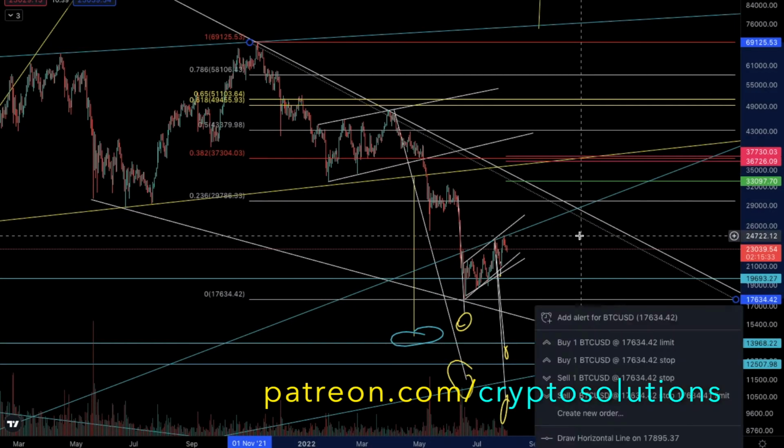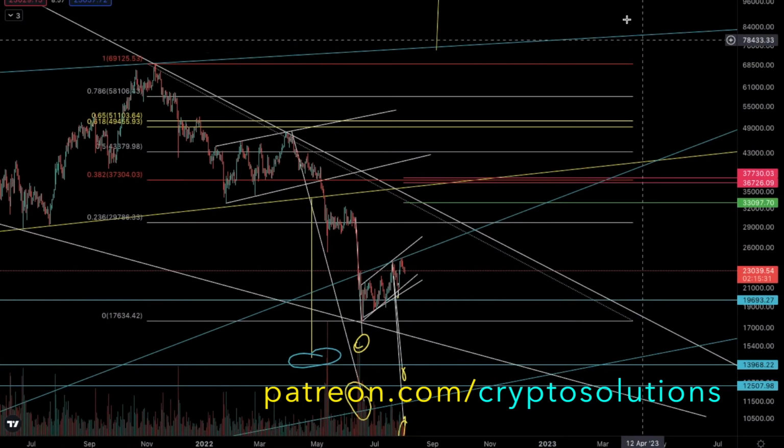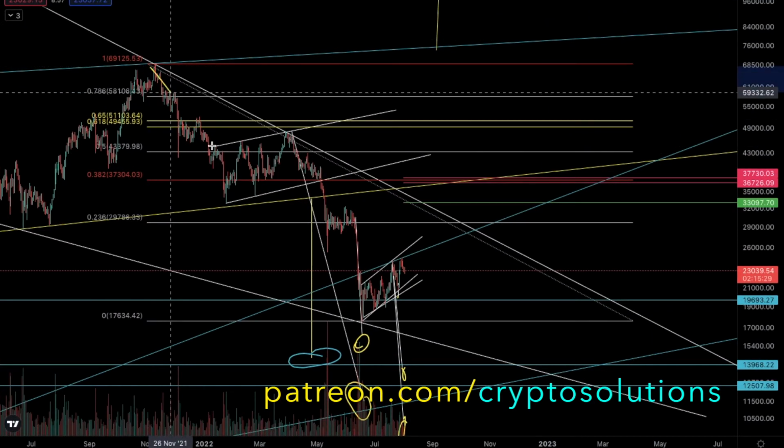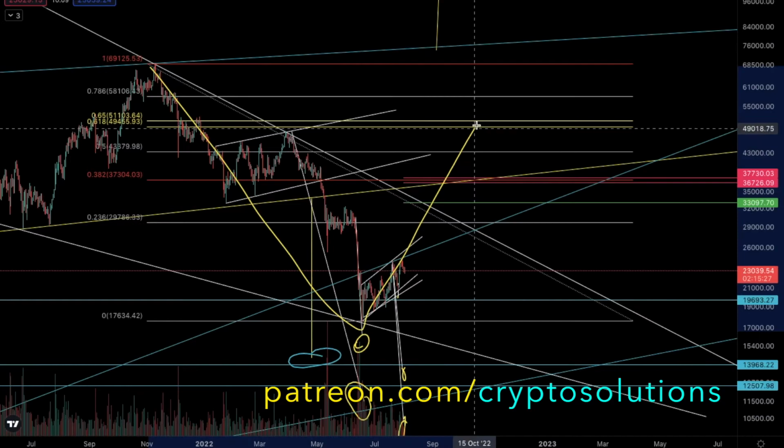You can see here, downtrend, and expecting the Bitcoin price to go to this golden pocket is not realistic this year. It can happen, but that's not the most likely scenario. And I work with probabilities, not possibilities.